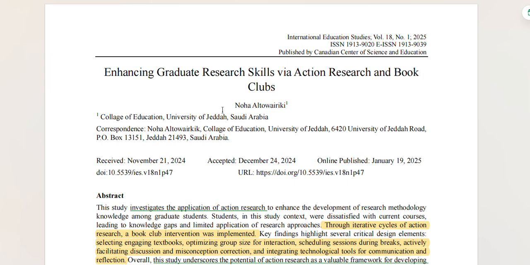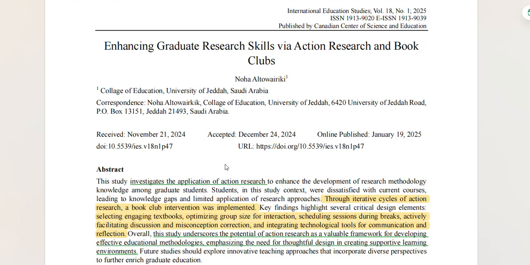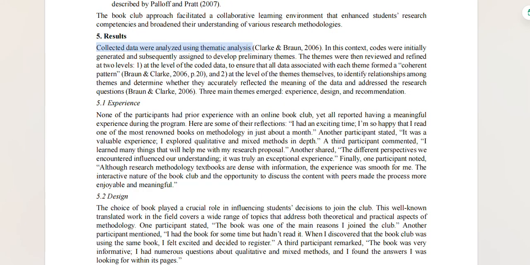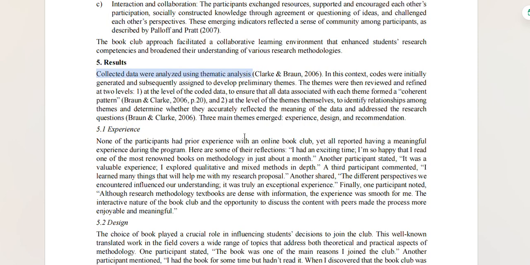The results were presented chronologically through action research. So after conducting and explaining the action research cycle, here they present the identified themes and supporting statements from the participants.